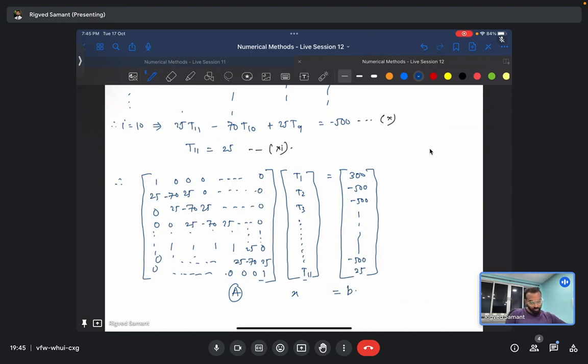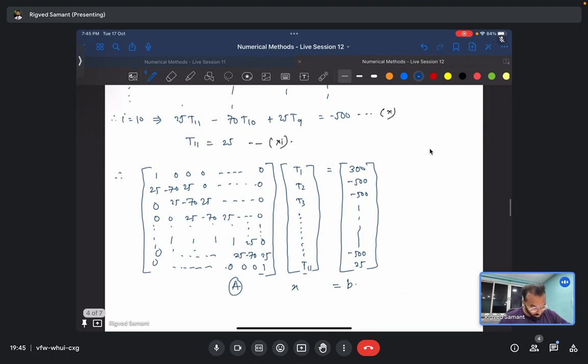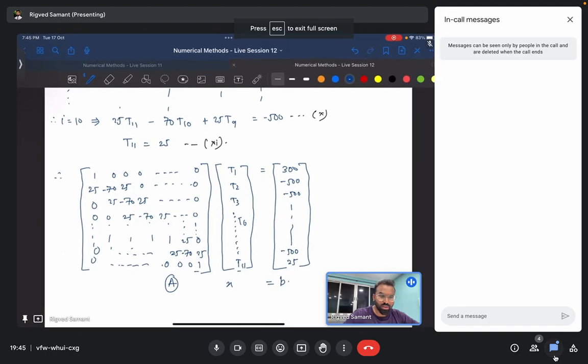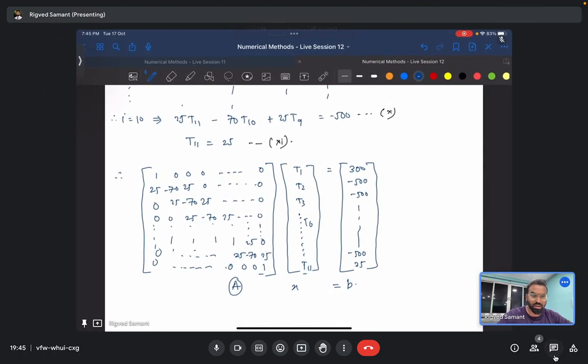This is a special case of matrix. So how will you solve this one? How do you want to find the value of T6? Can anybody tell me? Because this has already been taught and you have submitted the assignment on this.